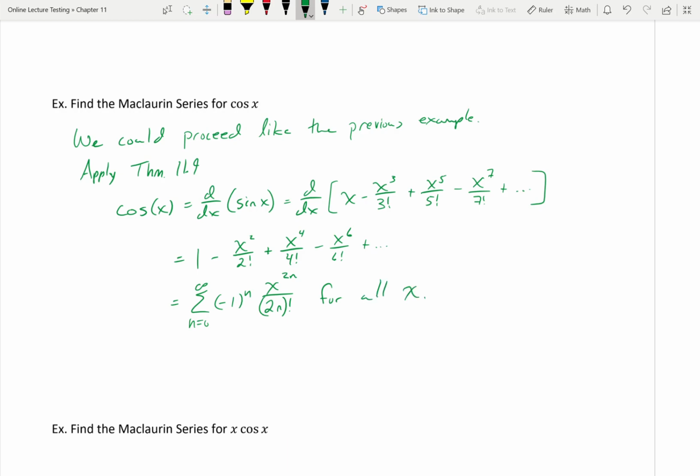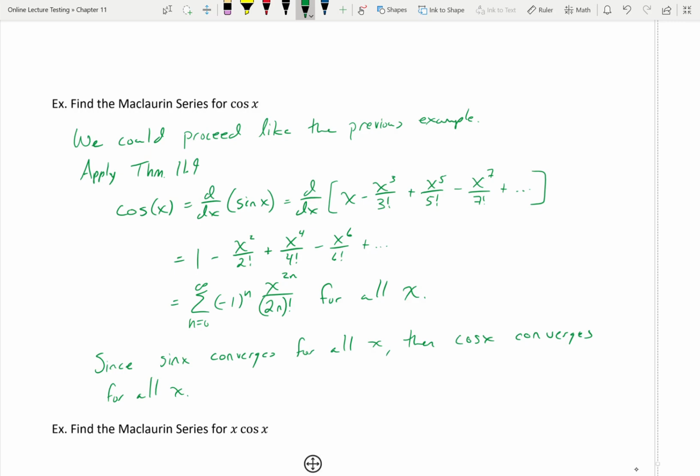Well, why don't I have to prove this just like before? Think about this. We already know that sine of x converges for all real numbers x. So since sine of x converges for all x, then cosine of x converges for all x.